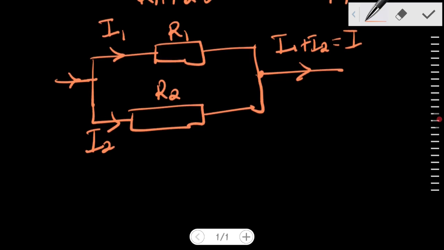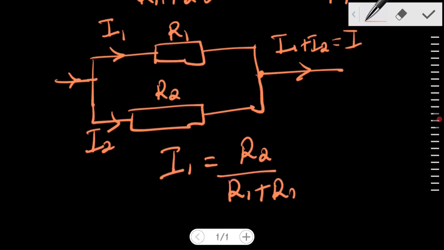Now, when we are in parallel connection, we form a current divider. When we are to get current through any of the resistors, I1 would be equal to R2 all over R1 plus R2, multiplied by the total current.